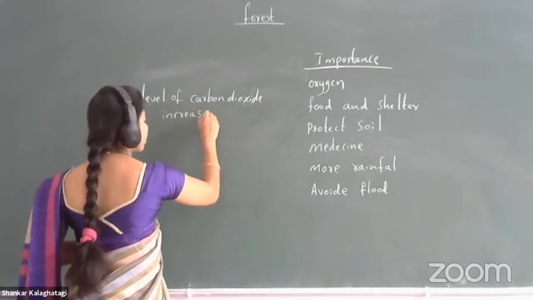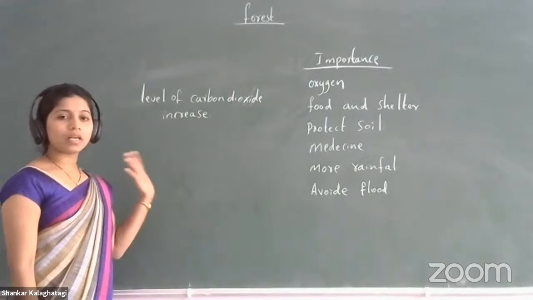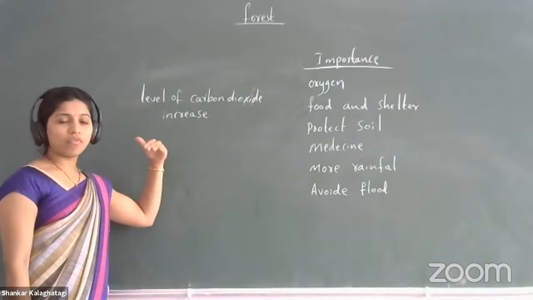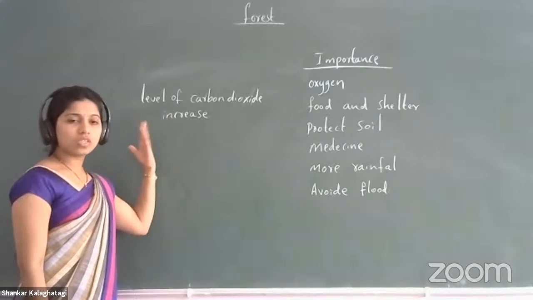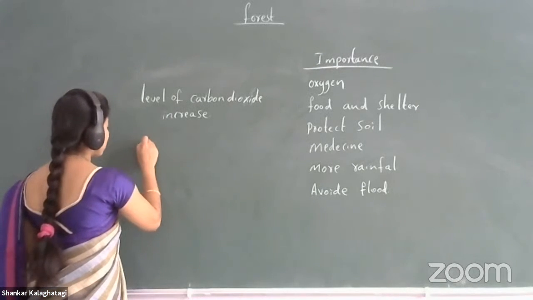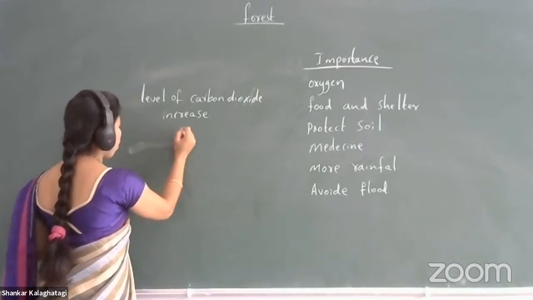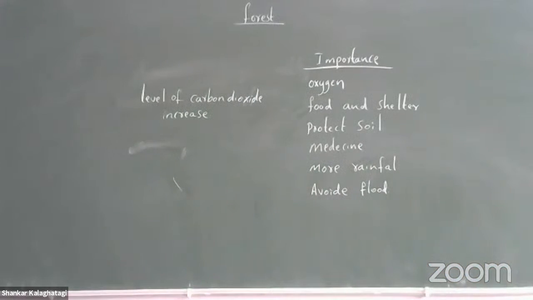Isn't it? Plants and trees take in carbon dioxide and release oxygen. So with less forest, or no forest, the level of carbon dioxide will increase, and the animals will not get food and shelter. It is very difficult for wild animals.